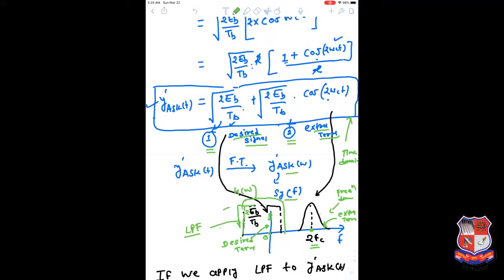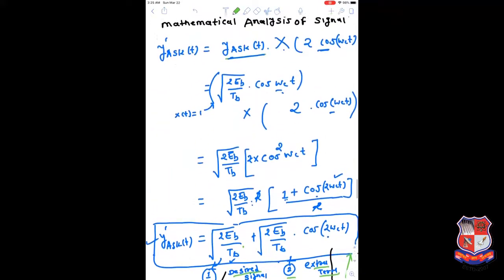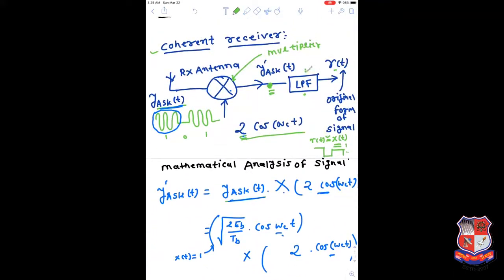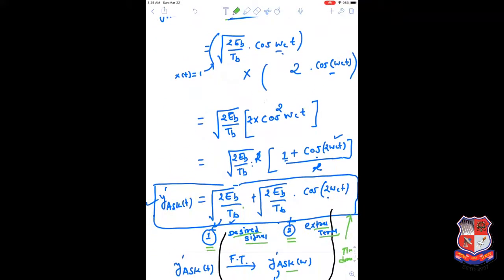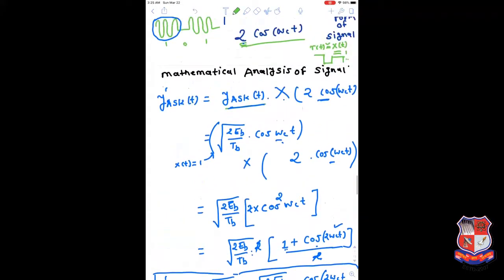So the low pass filter allows the first term to pass and blocks the other. This low pass filter is designed accordingly. At the input of the low pass filter, we have two terms. One term is square root 2 Eb by Tb, which represents 1, and the second term is square root 2 Eb by Tb into cos 2 omega ct, which is the undesired term.